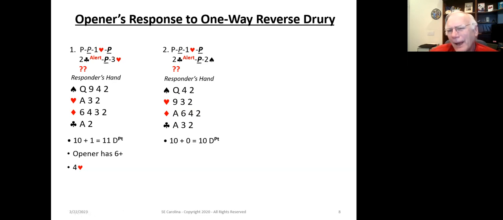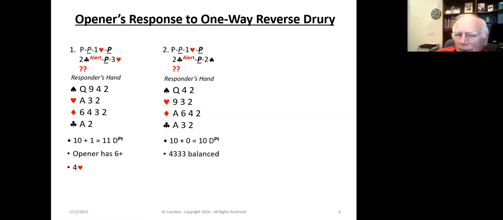Now we know that this hand has no roughing power. The only time that they'll ever be able to trump anything is on the fourth time the suit is led, that's in hearts and clubs, and it's very improbable that they're going to be able to do that. So this hand says, well, if my partner has a flat hand, I think we should be in no trump.